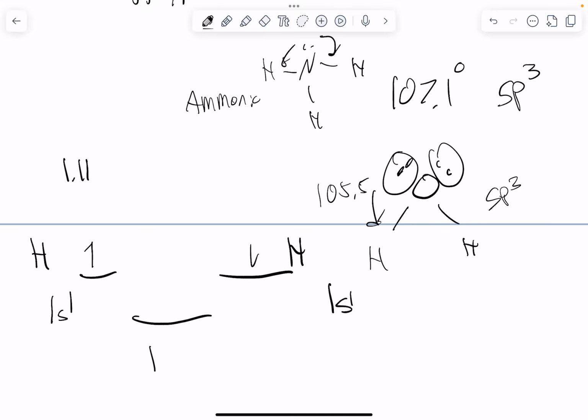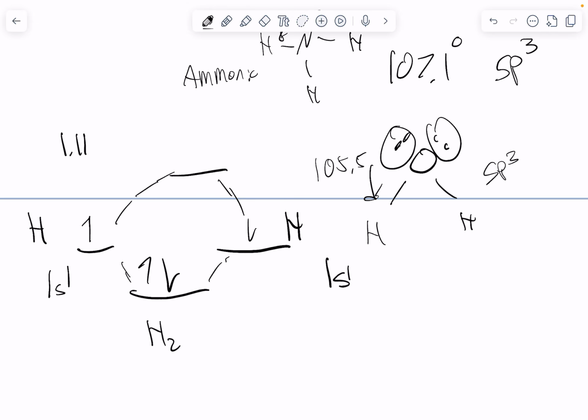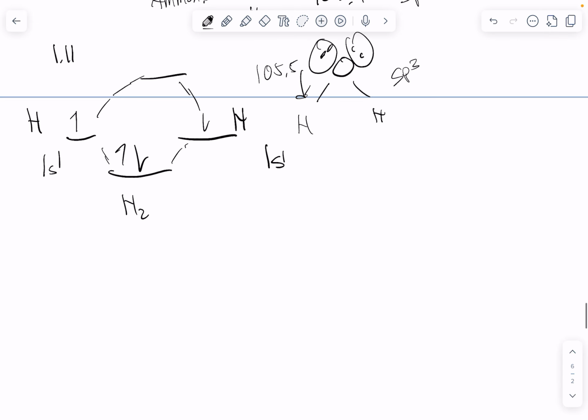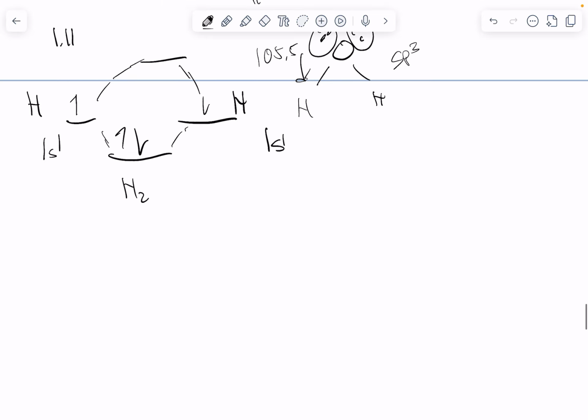And then they go to H2 and they just fill this ledge right here, and they have lower energy. I'm not really going to get into that because we haven't spoken about it much in class.